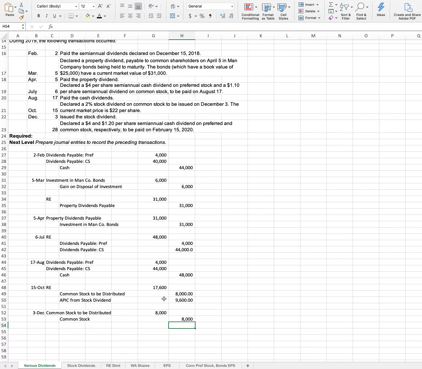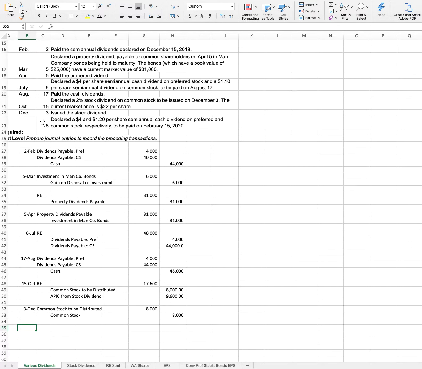And we only have to do that 8,000 because this 9,600 has already been dealt with in our additional paid-in capital account. So then on December 28th, we declared a $4 and $1.20 per share semi-annual cash dividend on preferred and common stock respectively to be paid February 15th, 2020.